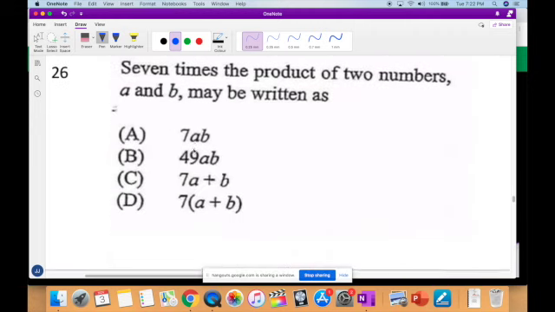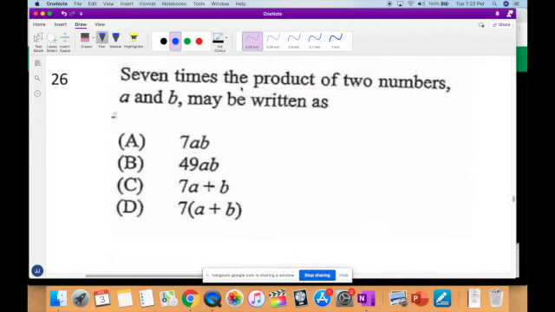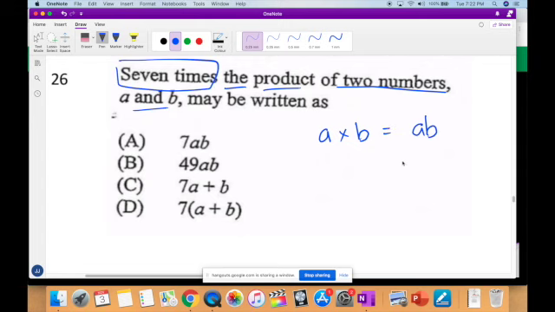Next, 7 times the product of 2 numbers a and b. The product of 2 numbers a and b is a multiplied by b. It could also be written as ab. And then 7 times that will be 7 times ab.